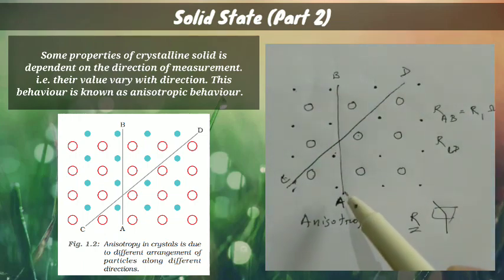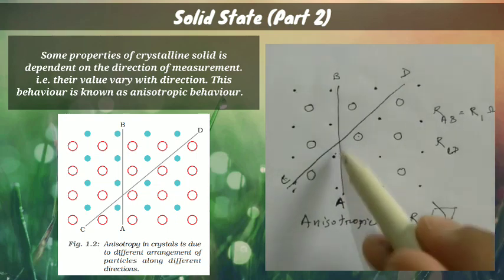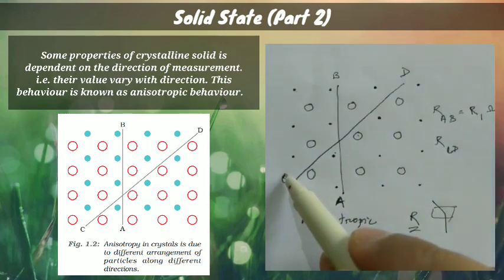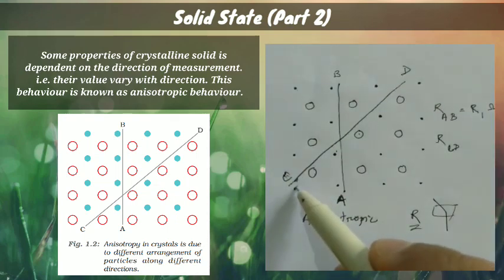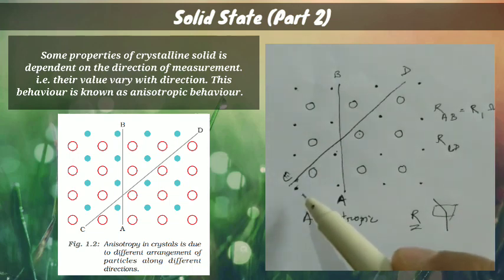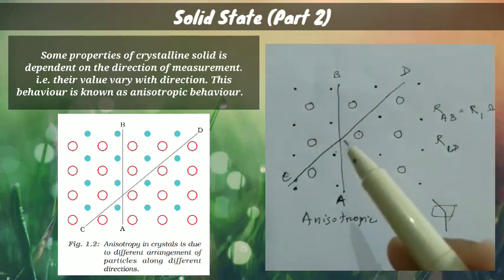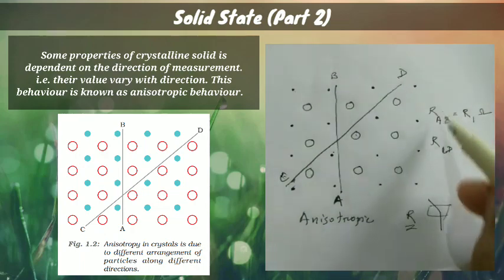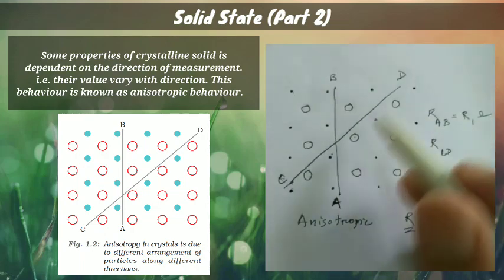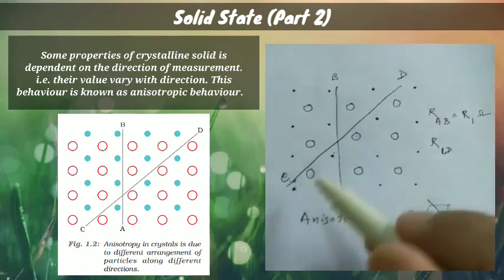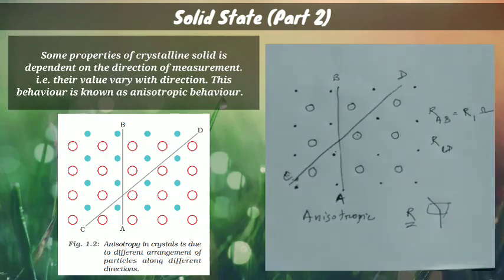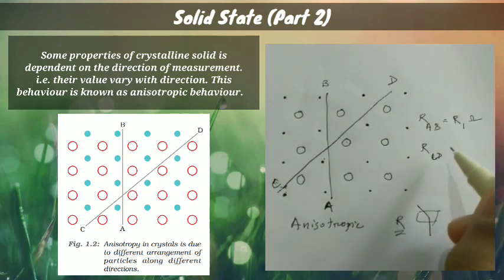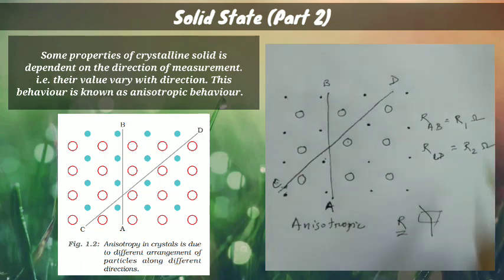It will only collide with those small particles. But in the direction C to D, the electron will collide with the small particles and the bigger particles. That means the resistance of CD will not be equal to the resistance of AB, even though the distance is the same. So R2 ohm is not equal to R1 ohm.